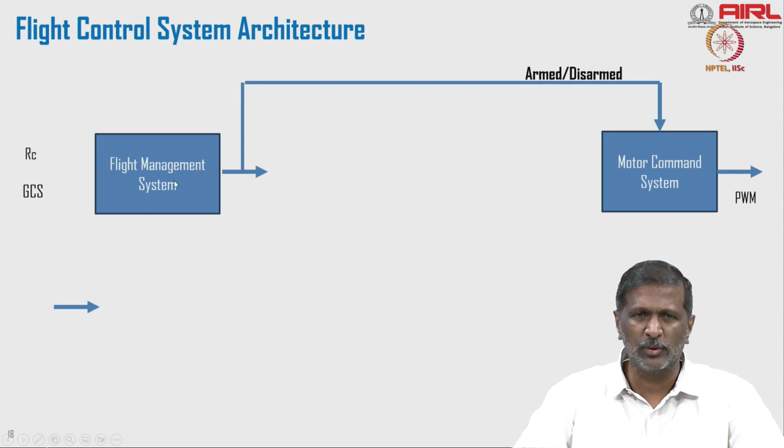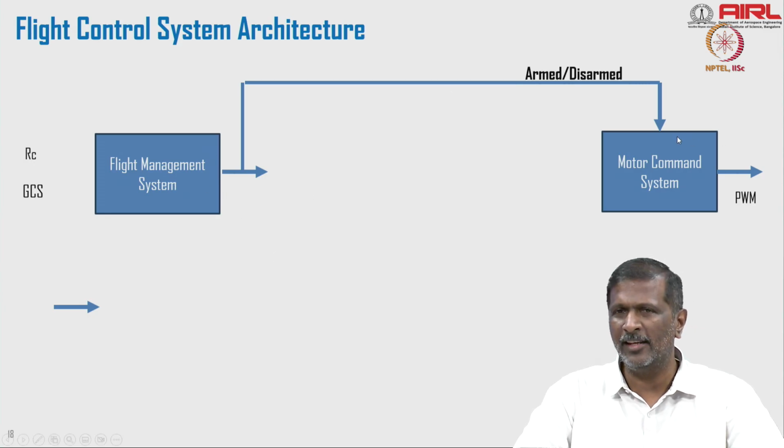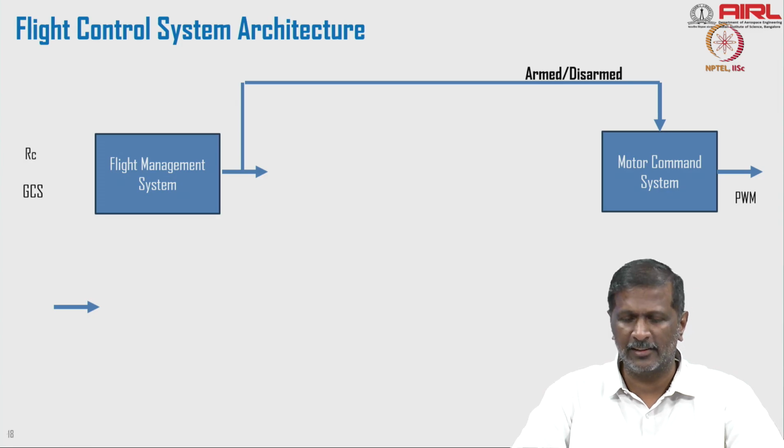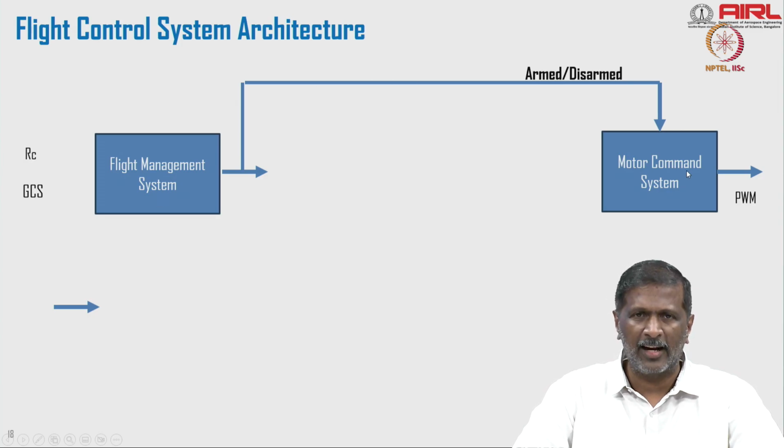We'll talk about the individual aspects of what these are in subsequent slides. Flight management system: suddenly you see a drone is operating very close to a target. It is dangerous, right? You want to disable it. You can just send a command directly to a motor and disarm it, which basically turns off your motor or turns on your motor.